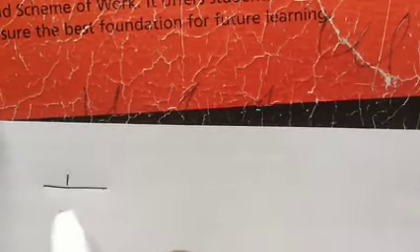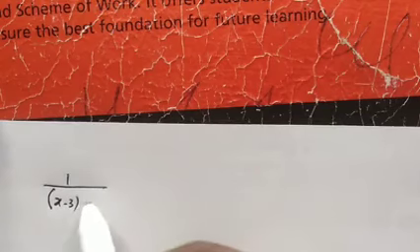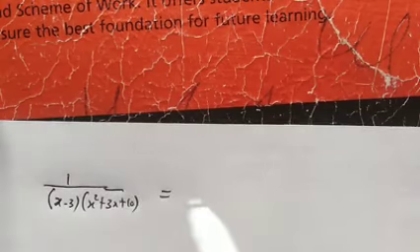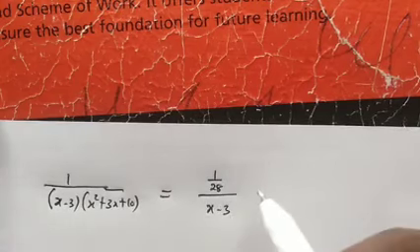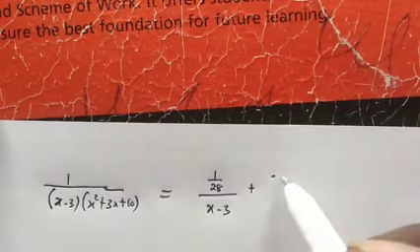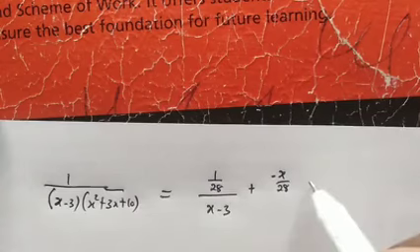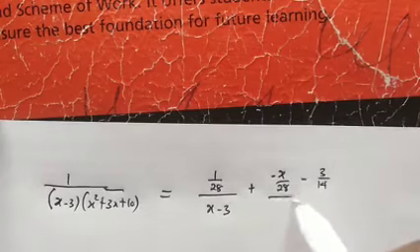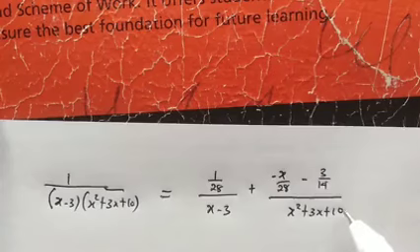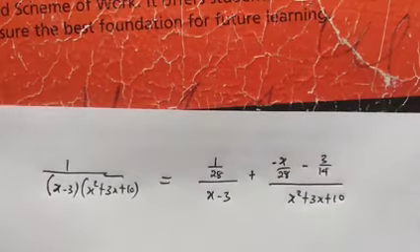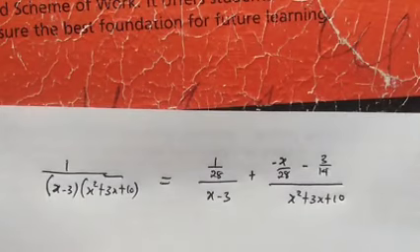Now, 1 divided by (x minus 3)(x squared plus 3x plus 10) will be equal to (1/28) divided by (x minus 3), and here plus will be negative (x/28 minus 3/14) whole divided by x squared plus 3x plus 10.